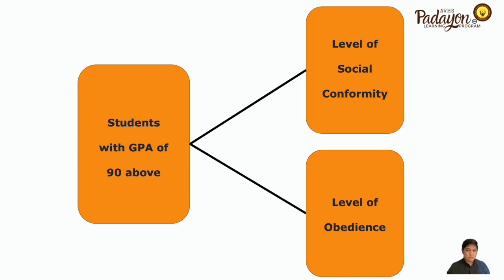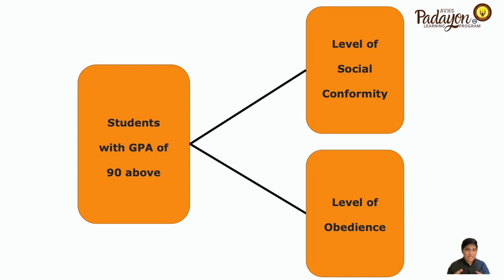Their level of social conformity and level of obedience are the dependent variables, where we want to know whether having a high GPA means you will also have a high level of social conformity, and the same goes with the level of obedience. So they will be getting a test, okay, to check their level of social conformity and level of obedience, but it's something that we cannot control.